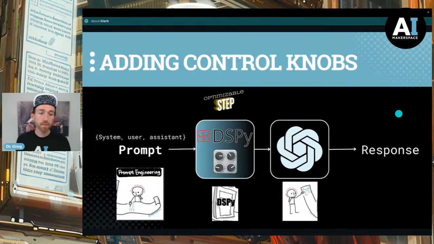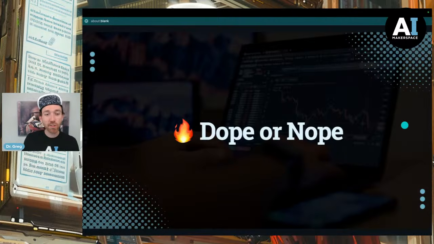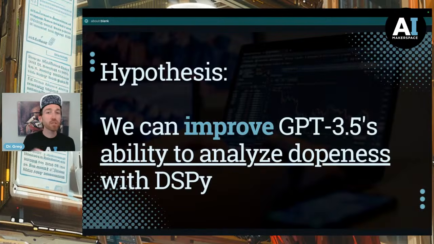And again, we can think about it in our genius behind the door space as well, where we really want to figure out how we can use this optimization step. So let's do a fun problem together called Dope or Nope. The hypothesis here is that we can actually improve GPT 3.5's ability to analyze and quantify dopeness with DSPy.